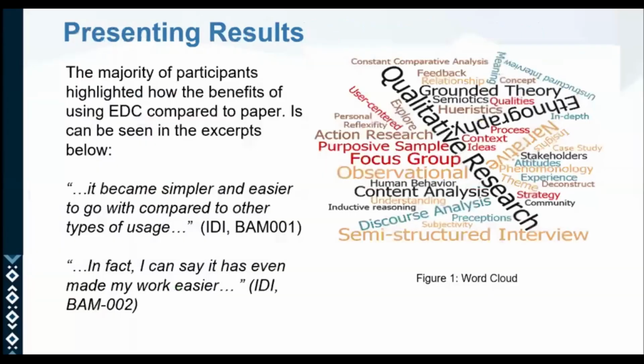So we have an example of how you can present in your write-up. This is a description of our participants with the main theme, that was the perception of the EDC. So we start by saying the majority of participants highlighted the benefit of EDC compared to paper, and it can be seen in the excerpts below.